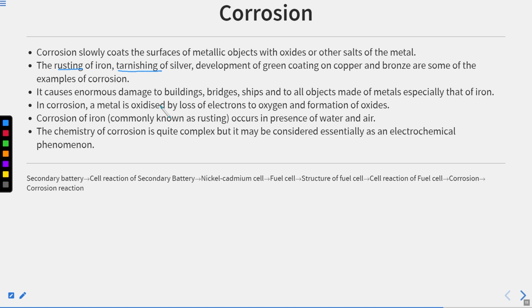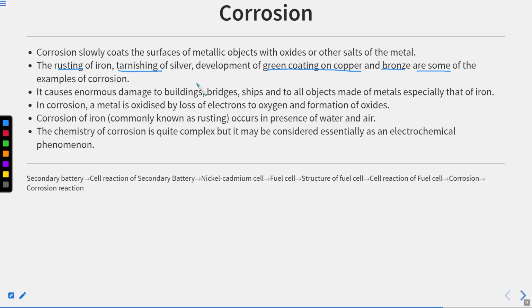If you take it to your jewelry shop, they will brush it off, or wash it in acid, so that the tarnish goes and you get your shininess back. There also a kind of electrochemistry is involved, in which you use acid to remove that tarnish, right? We have a development of a green coating on copper also, and bronze also.